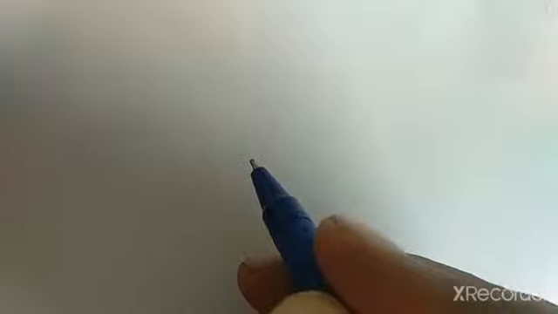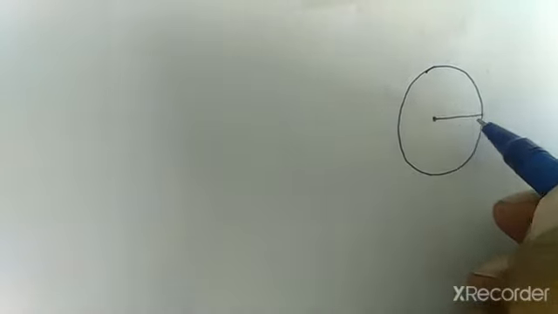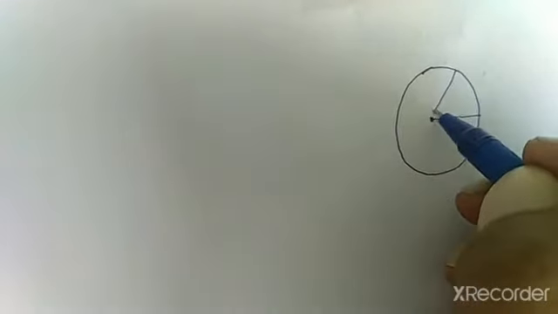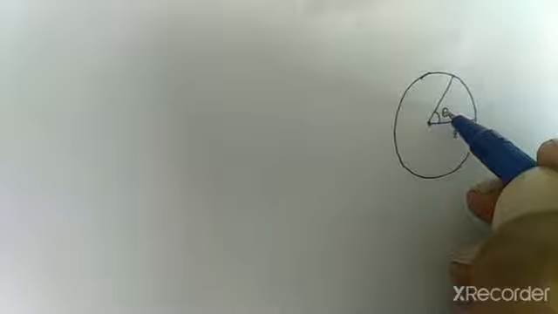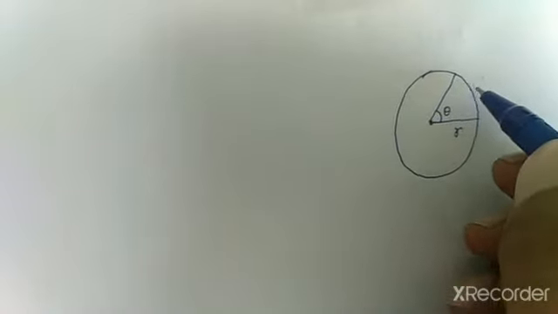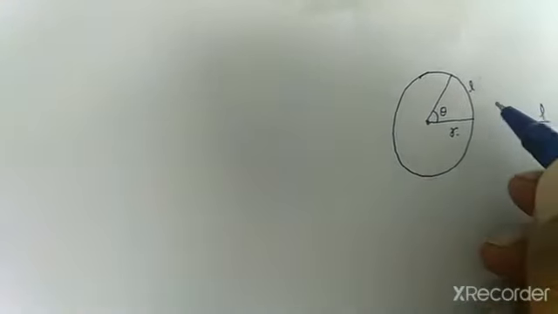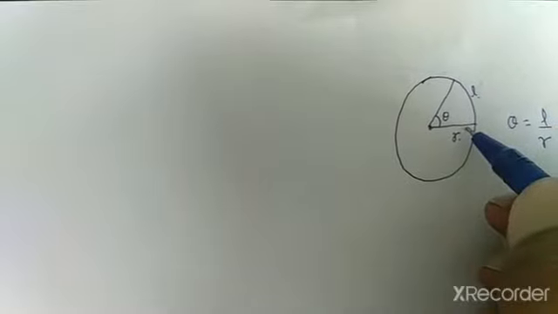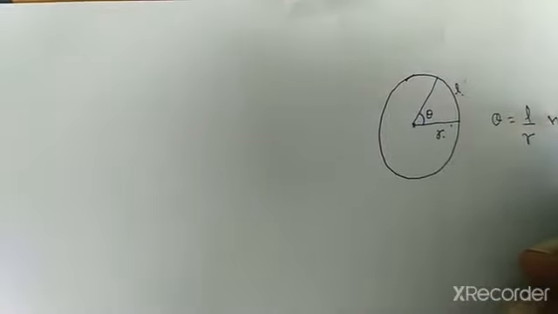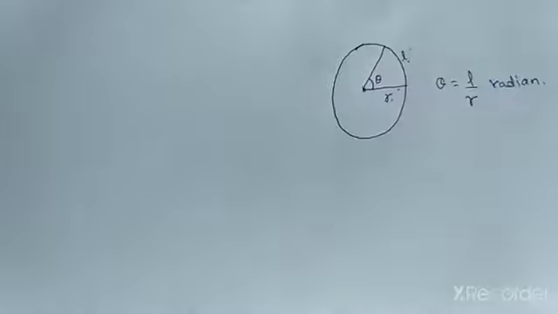Angles are measured in degrees and radians. For radians, you have studied that if you consider a circle with radius r, and the angle is theta, then it can be found as the length of an arc divided by r, which means theta is equal to L upon r, where L is the length of an arc. This is the radian measure.